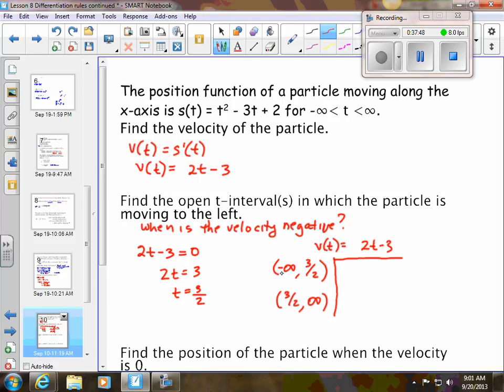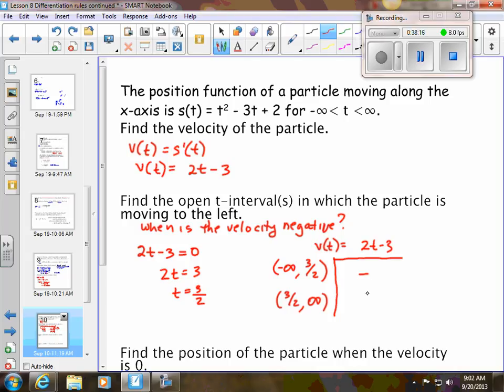So from negative infinity to 3/2, the particle is going in one direction, and then from 3/2 to infinity, it's going in the opposite direction. To determine what it's doing, pick a number in the interval. A number between negative infinity and 3/2. 0 is a good one. If I put 0 in for t, will the velocity be positive or negative?